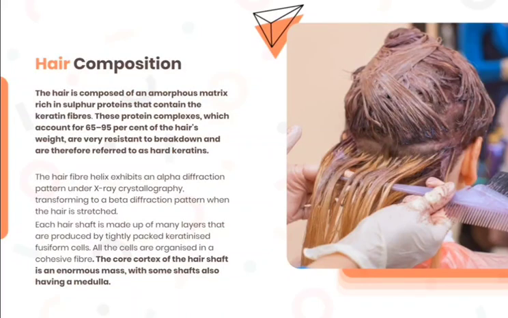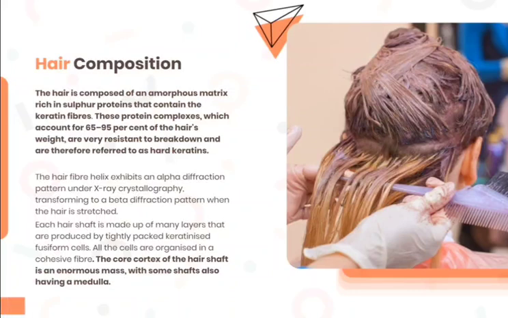The hair fiber helix exhibits an alpha diffraction pattern under X-ray crystallography, transforming to a beta diffraction pattern when the hair is stretched. Each hair shaft is made up of many layers that are produced by tightly packed keratinized fusiform cells. All the cells are organized in a cohesive fiber.